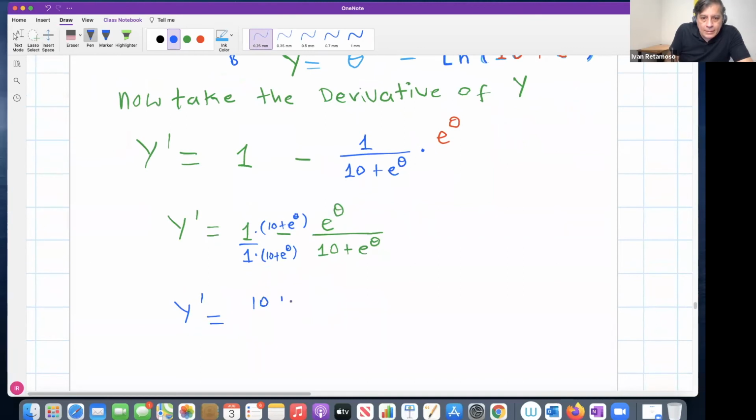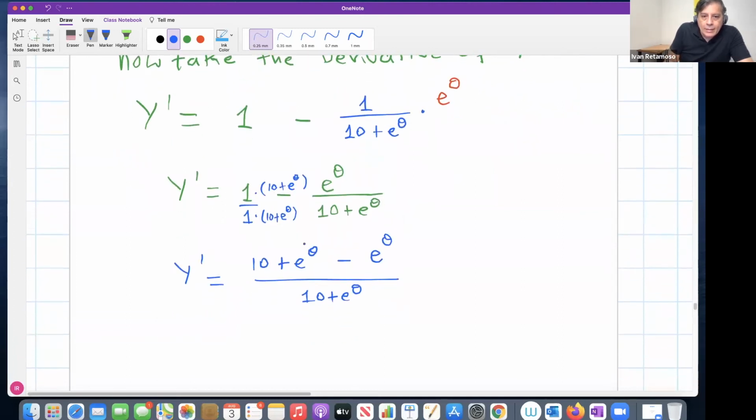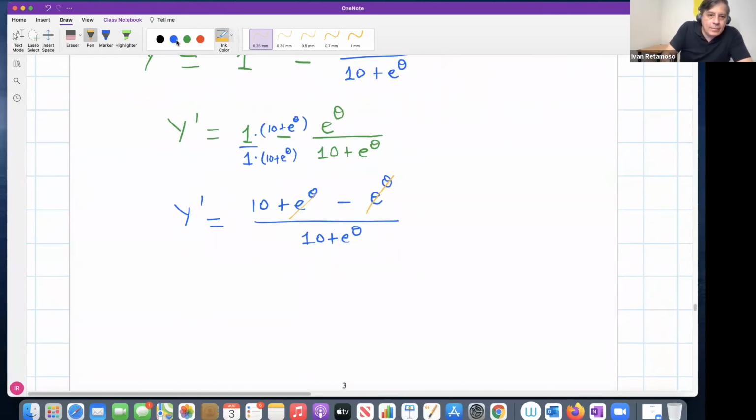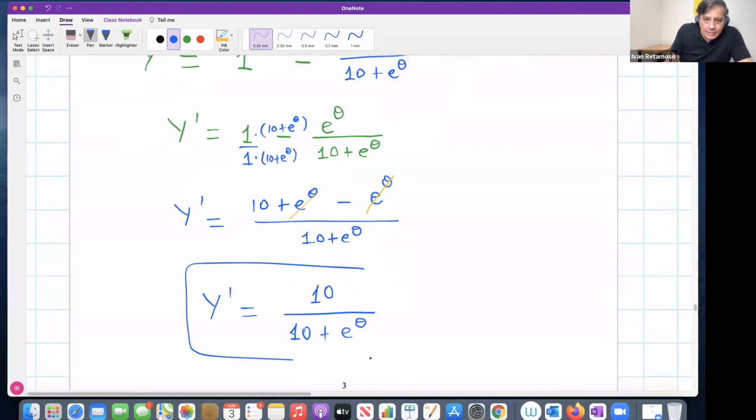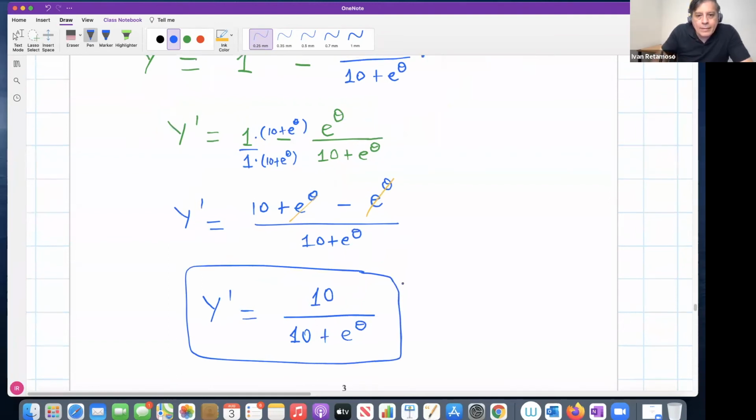So 10 plus e to the theta minus e to the theta, over the common denominator, 10 plus e to the theta. e to the theta cancels with e to the theta, and what is left is just 10 on the top. So y prime should be 10 over 10 plus e to the theta. This should be the final answer, right?